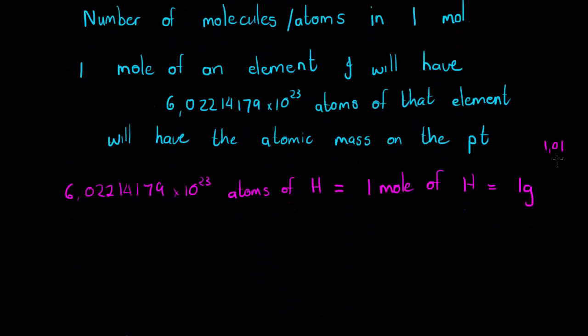So 1.01 grams would be the atomic mass of hydrogen.